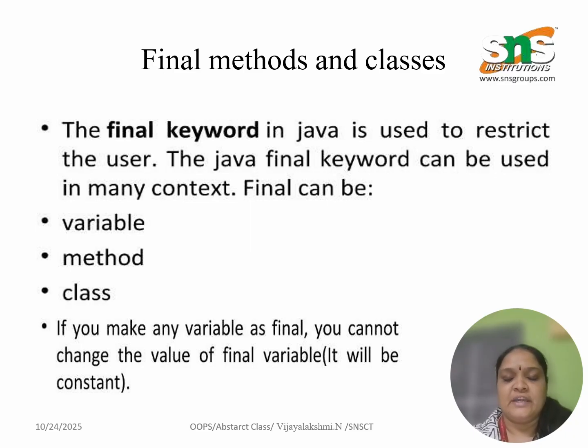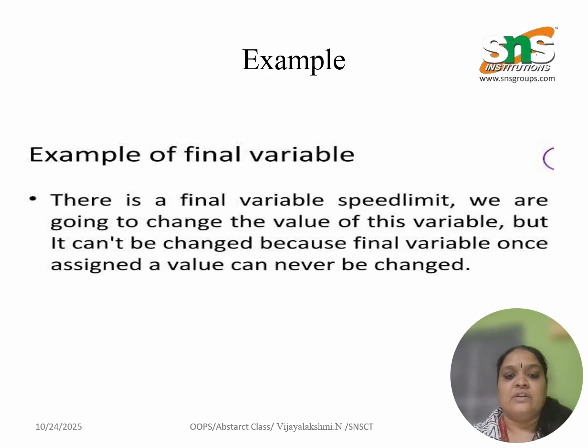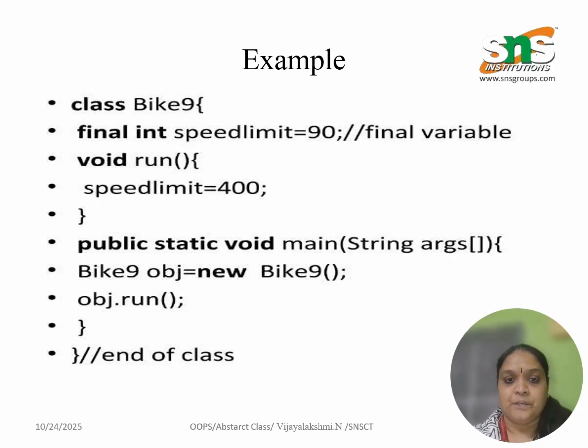Say, for example, if I give final int a is equal to 100, throughout the program the value will be 100. Okay, so that's the example here. There is a final variable speed limit in a program. So we are trying to change the value of this variable, but it can't be changed since it has been declared as final. Once assigned a value, it can never be changed.